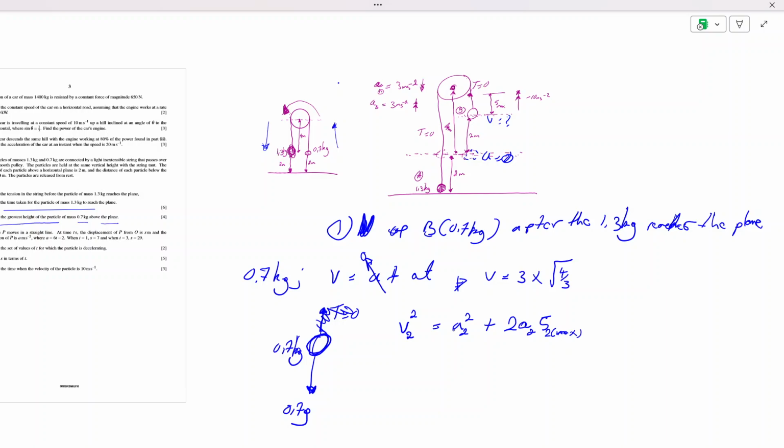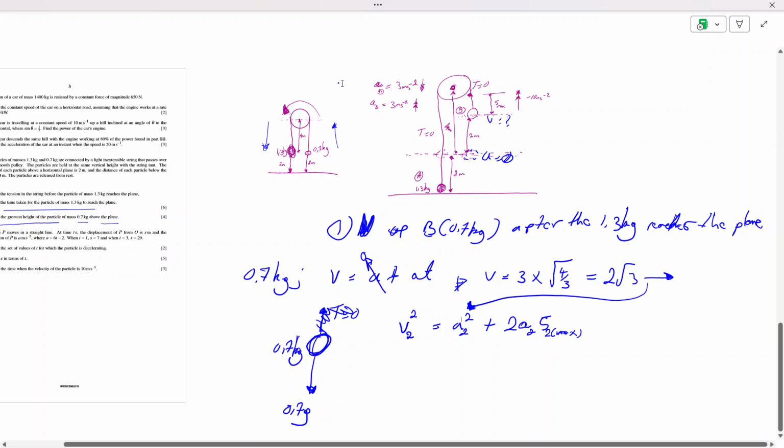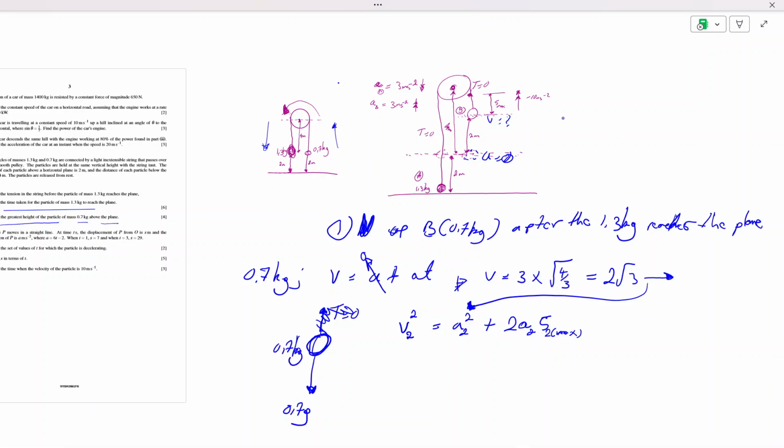The v that we calculated, which is 2 root 3, will now be the u once the 0.7 kg particle moves up and reaches the maximum height from the point where it was.